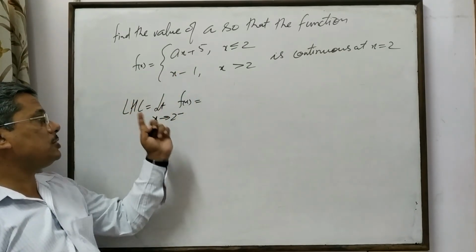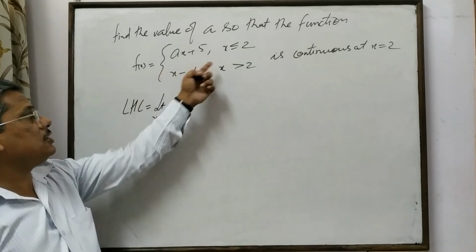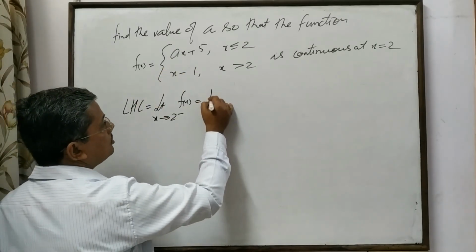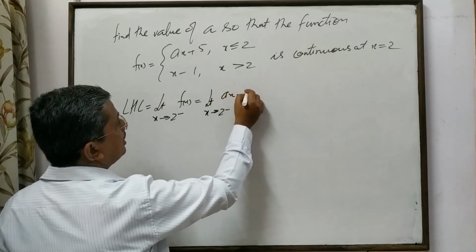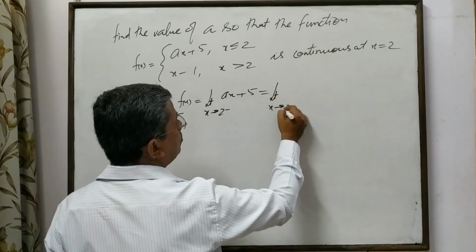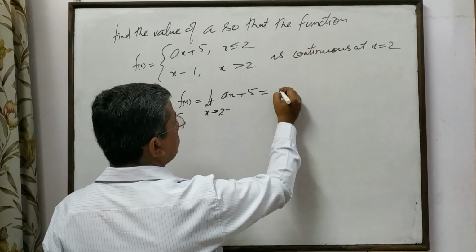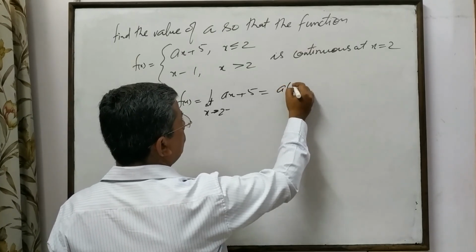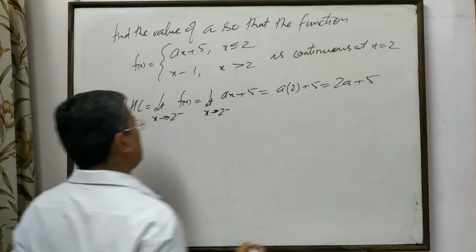If we subtract something from 2, the x will come out to be less than 2. When x is less than 2, the value of function is ax plus 5. So put the value of x, a into 2 plus 5. That is 2a plus 5.